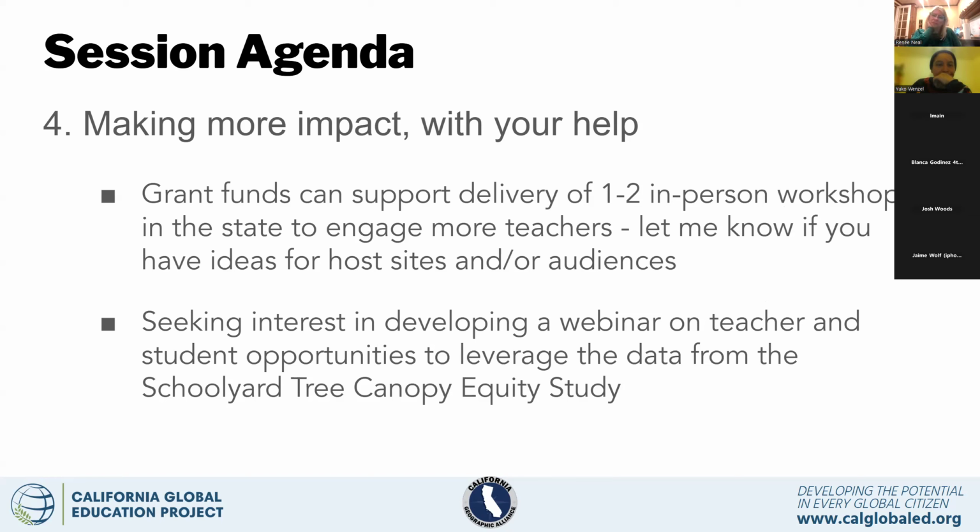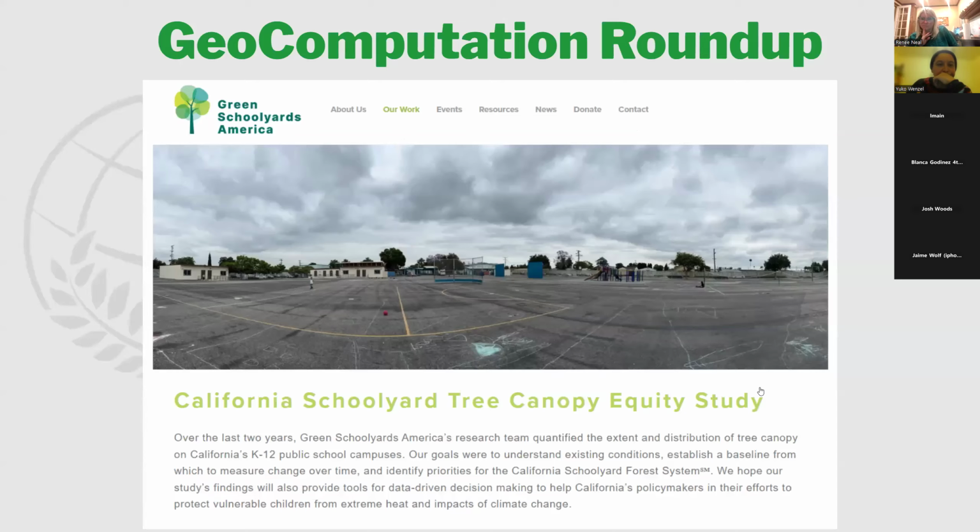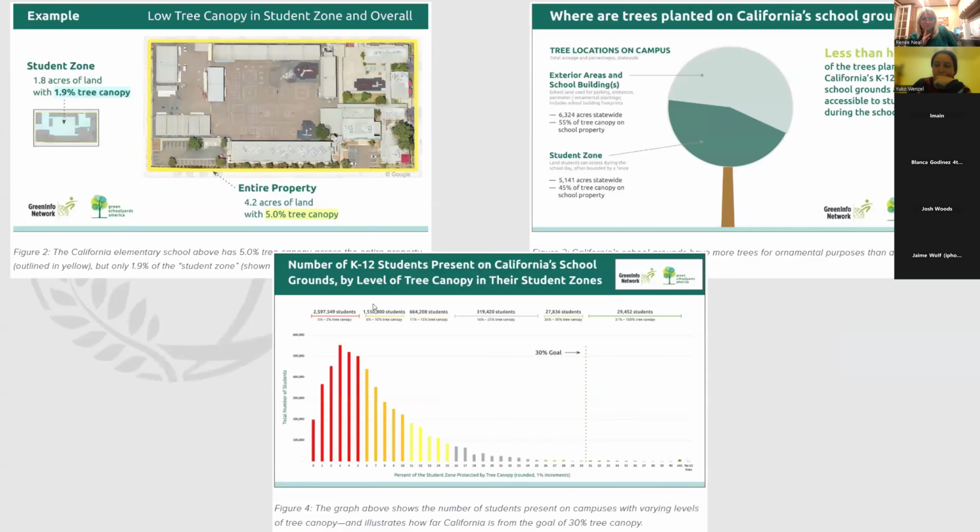But the schoolyard tree canopy equity study I had shared with you guys about, I still want to do a learn-and-do type of webinar the same way we did with the place names workshop, where you learn about the issue, but then you also break it down to how it relates to your community, and you can go out and do some activities.